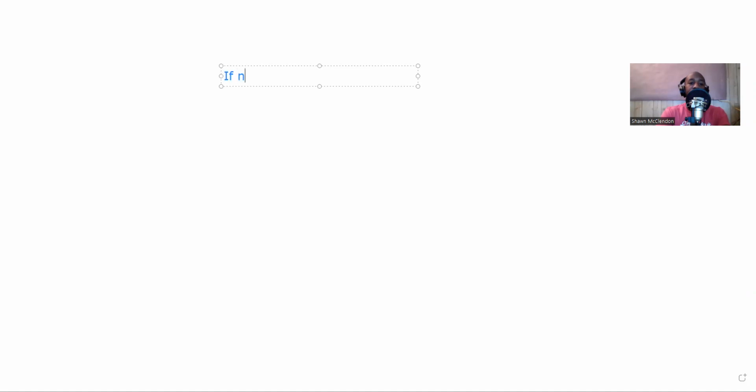If n is a positive integer, so that means n is 1, 2, 3, 4, etc. I'm going to leave some space so I can write that in. Hold on a second, y'all, because sometimes it's better to type some stuff, and sometimes it's better to just handwrite it. So let's write the rest of it.